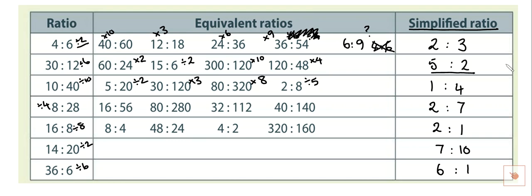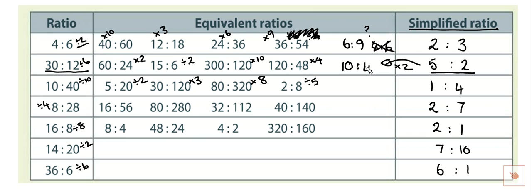If I multiply it by 2, I get 10 to 4, because this one has been multiplied by 2. But equally, this one has been divided by 3. 30 down to 10 is divided by 3. So you can multiply or divide any of them to find an equivalent one.